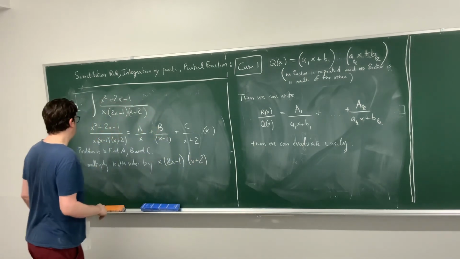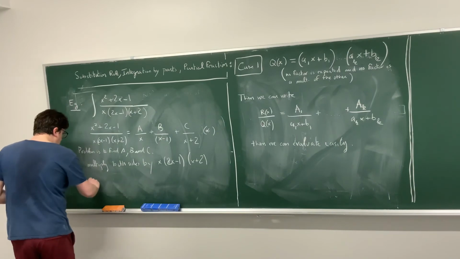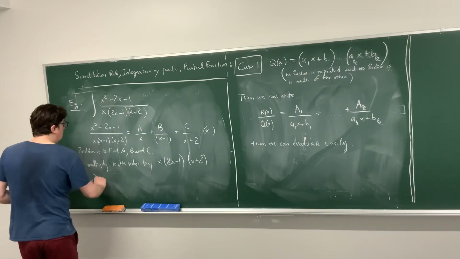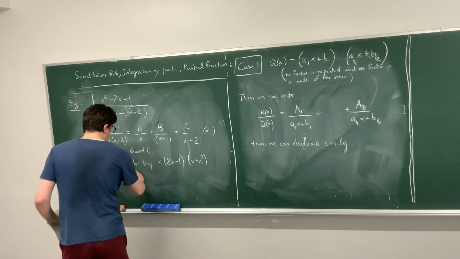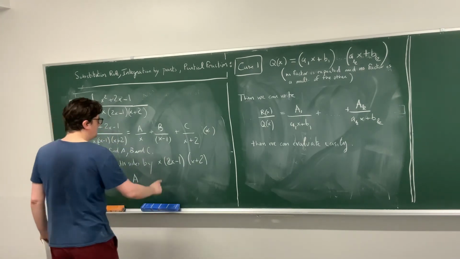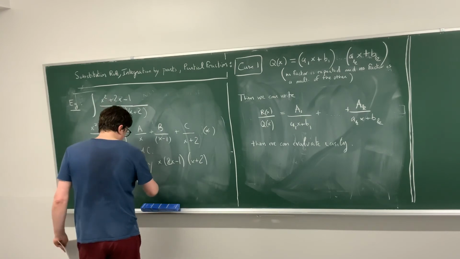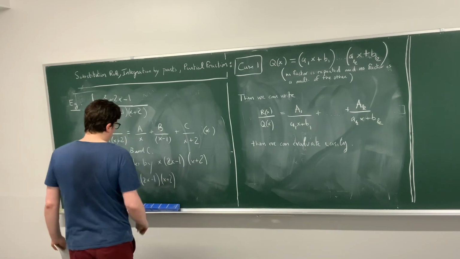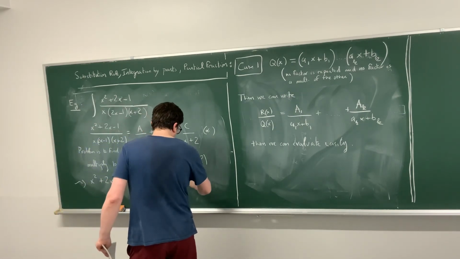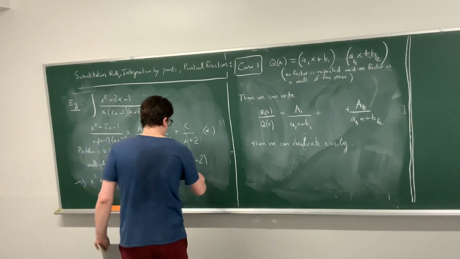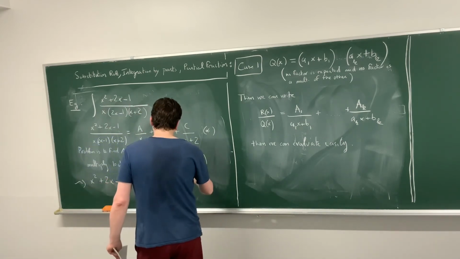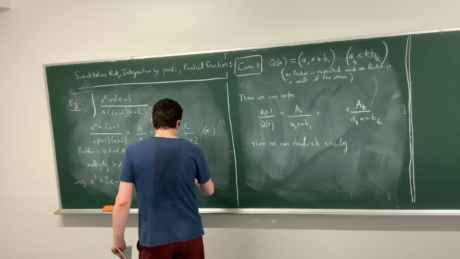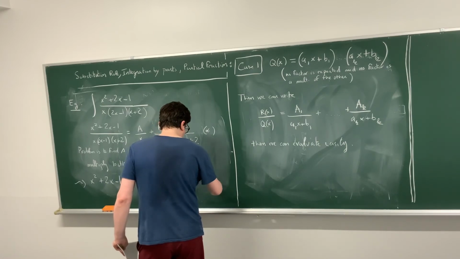So if I do that, what do I get? I will get x squared plus 2x minus 1 equal, so here I will get a times the two remaining factors, 2x minus 1 times x plus 2, and then plus b, and here what will remain is, again it was 2x minus 1, so what will remain is x plus 2 times x, right?